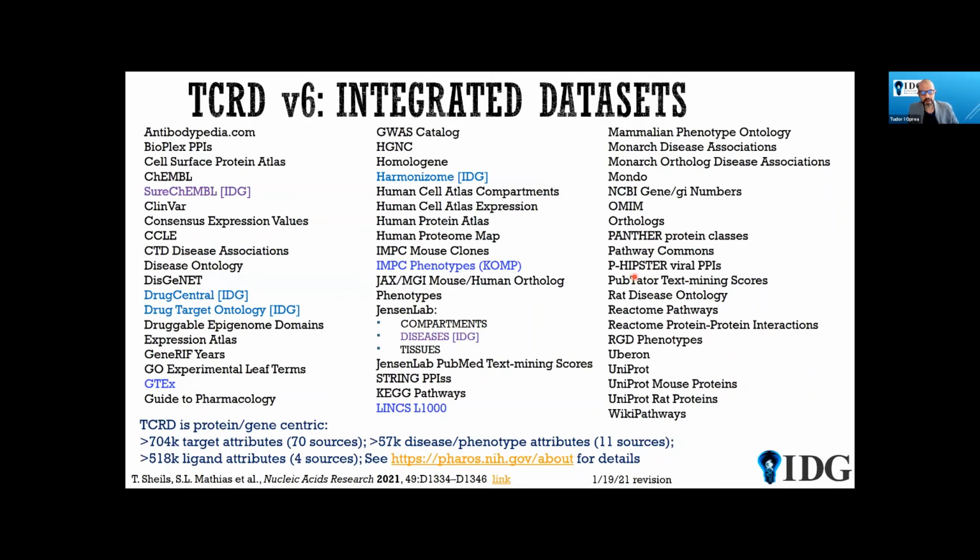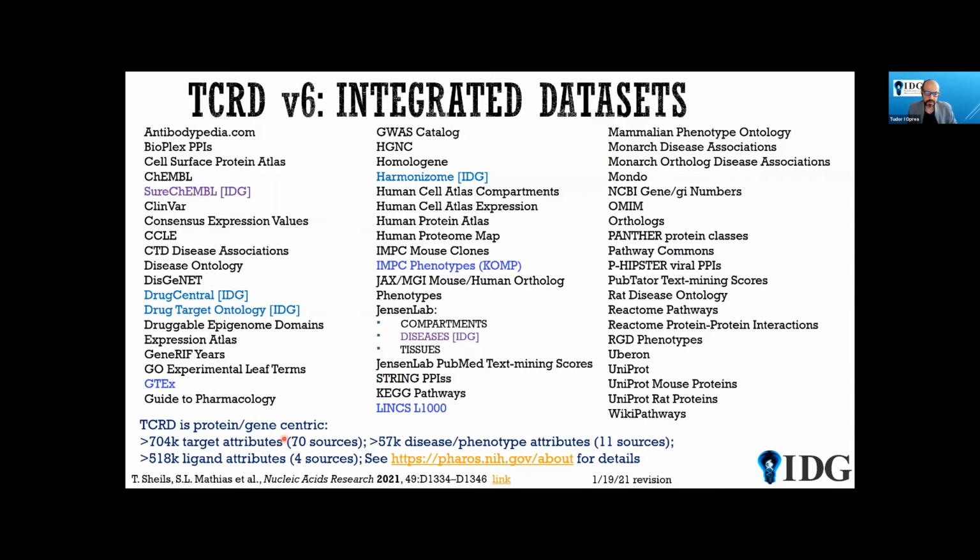We also keep track of information that comes from 3 other Common Fund projects. One is GTEx, the other one is the International Mouse Phenotyping Consortium, as well as the LINCS cellular signatures. So all this information gets extracted and it gets into protein attributes, disease attributes, and ligand attributes.